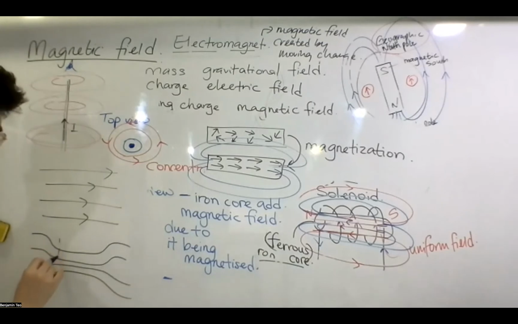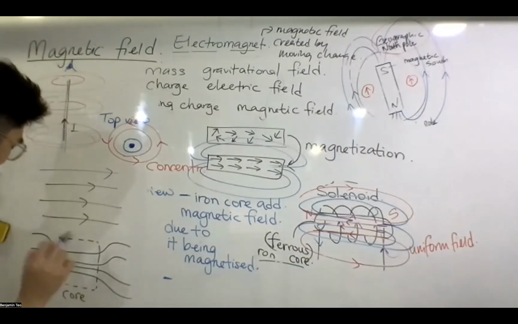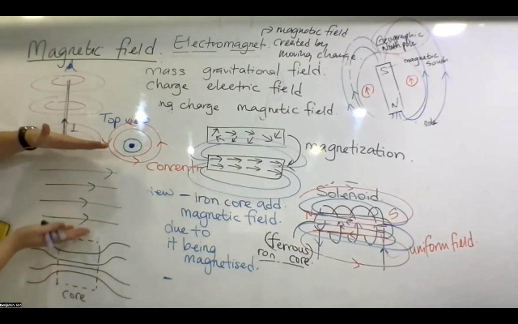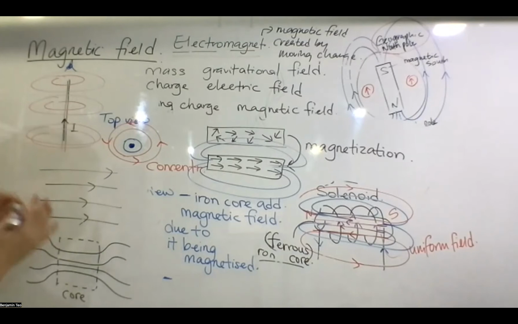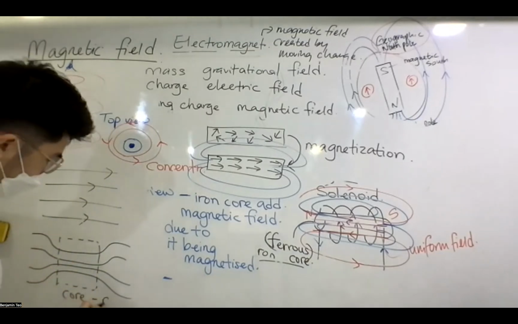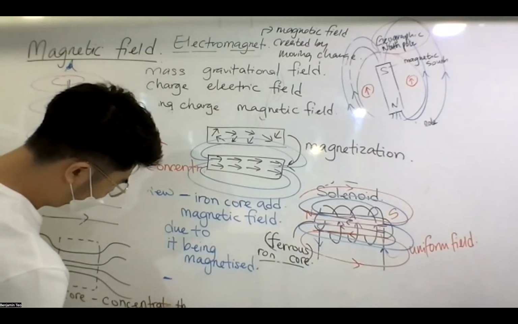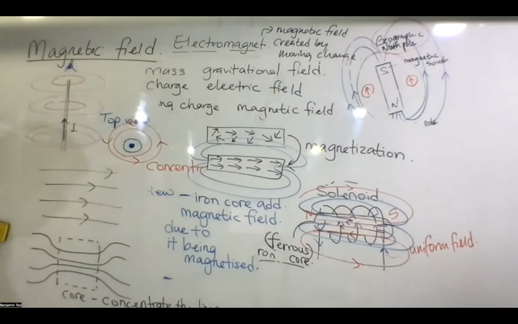Okay, so here I put a core. What is the core doing to the magnetic field lines? The core brings the magnetic field lines together like this. They concentrate the field lines.